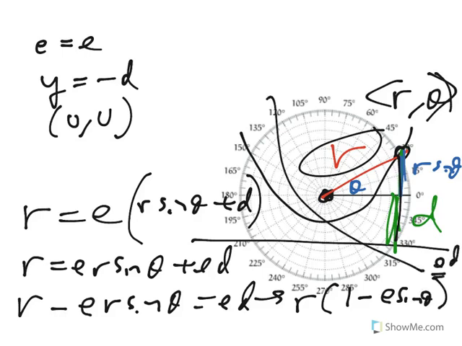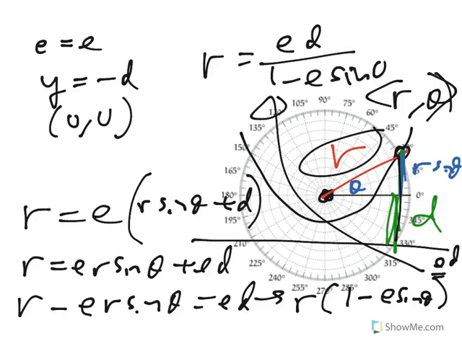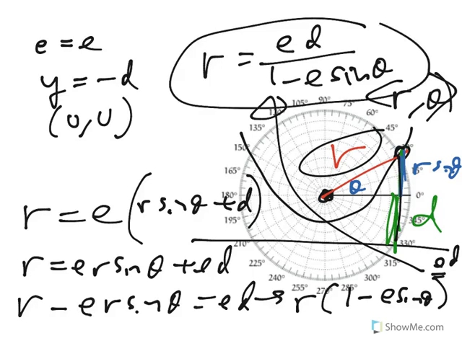And finally, divide both sides and get the general equation, which is E d over 1 minus E sine theta. That is the equation for any conic that has a horizontal directrix that is below the x-axis. And that's an important equation.